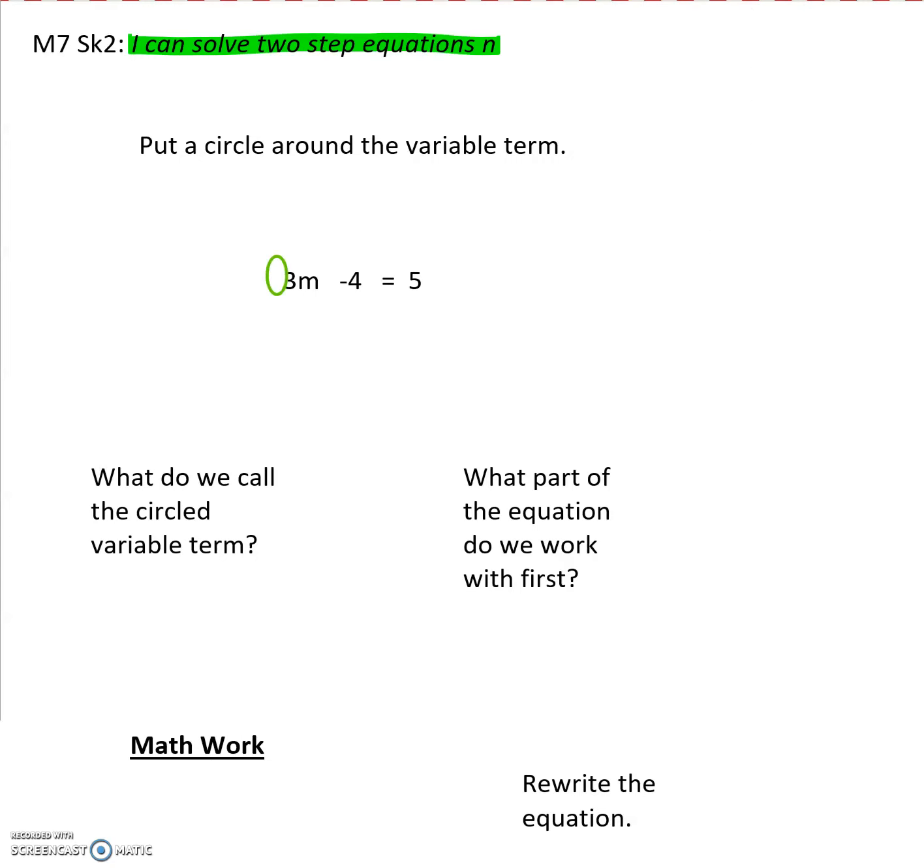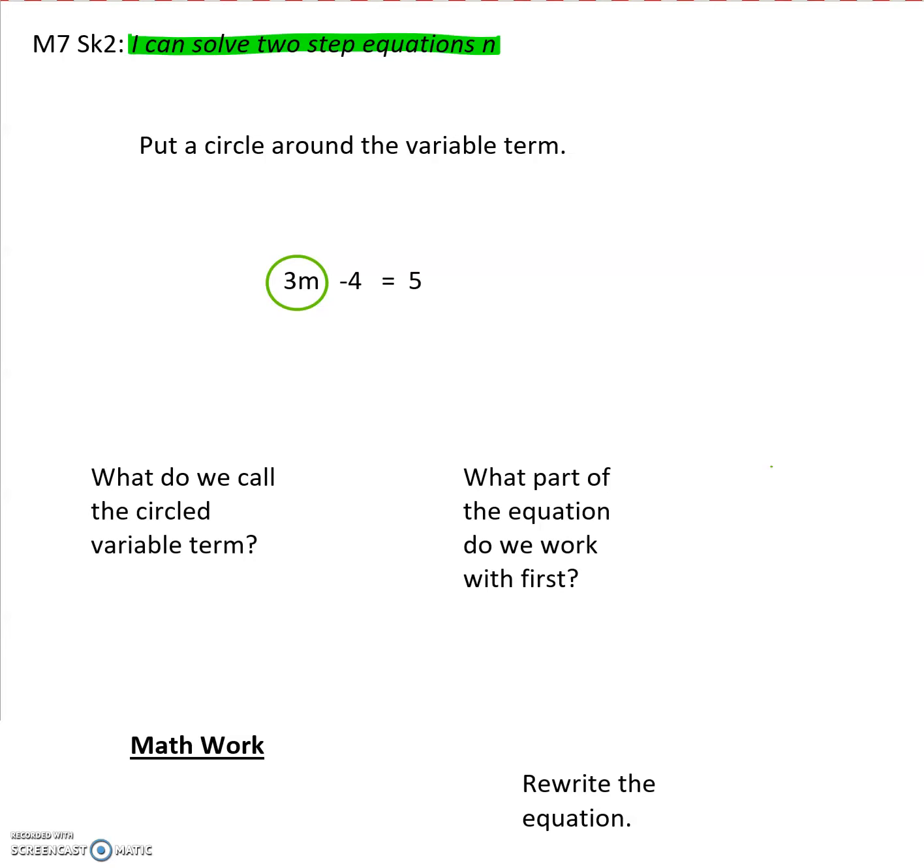So when I say term with the variable, I mean the whole number that the variable is touching. That means the coefficient and the variable that we're multiplying by. Okay? So I want you to keep this in mind.